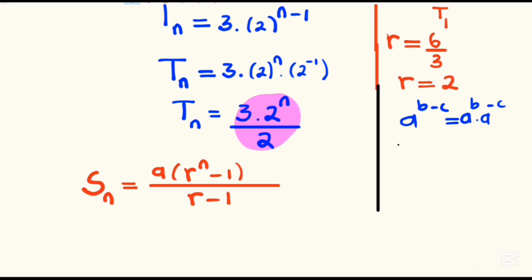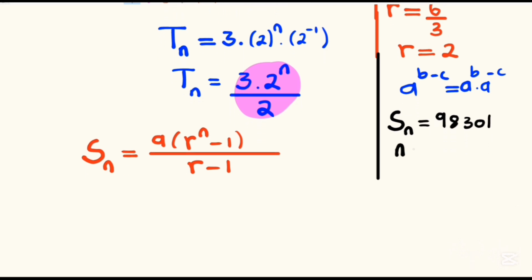So we have Sn is equals to 98,301. We are to determine n, and it should be obvious that n will be equals to the k that we are looking for.